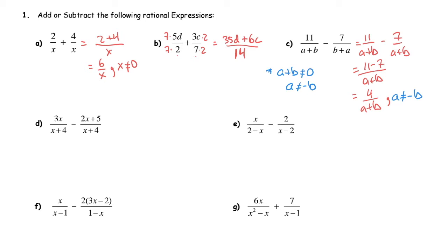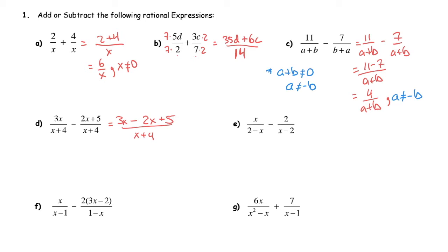For this next one, for D, once again, I'm pretty happy that the denominator is the same for both expressions here. Where I run into difficulty with this one is with that subtraction. So the numerator becomes 3x minus. Now, if you just write it like this, that's incorrect, okay?